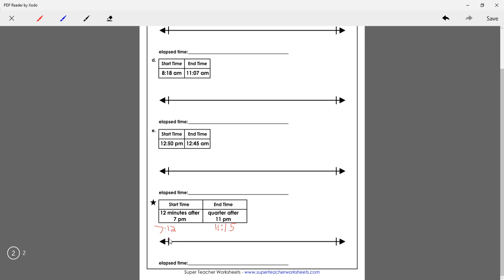So 7:12 to 11:15, that would be 8:12, 9:12, right? 10:12. So this is each 1 hour, 1 hour, 1 hour, and then one more 1 hour would be 11:12, and then obviously 3 minutes, right?